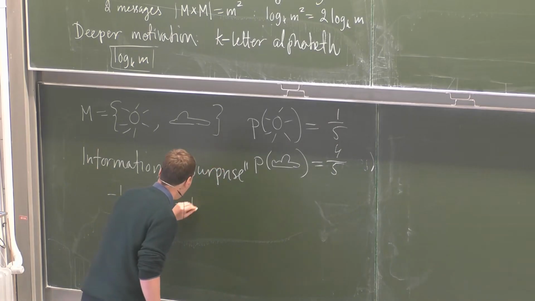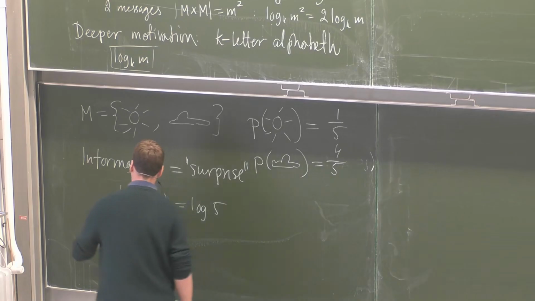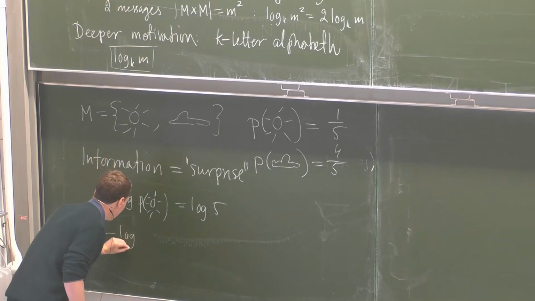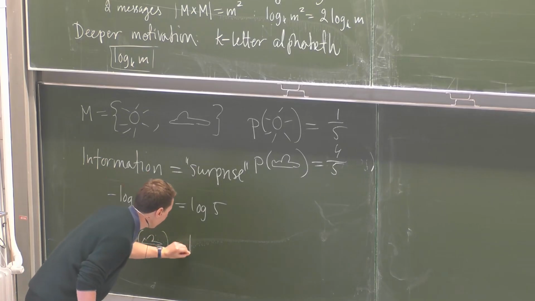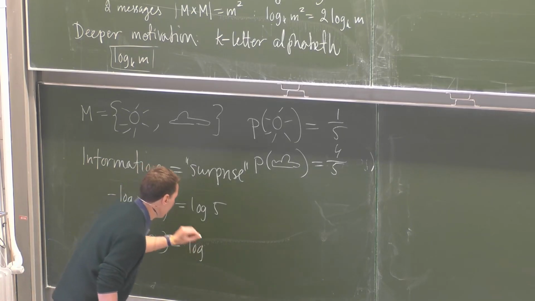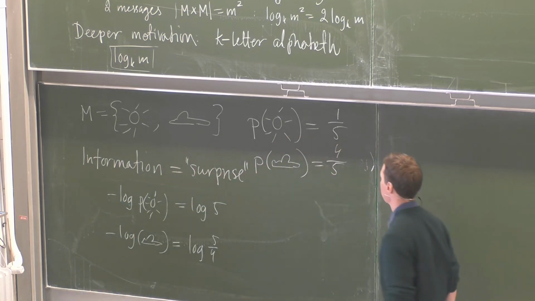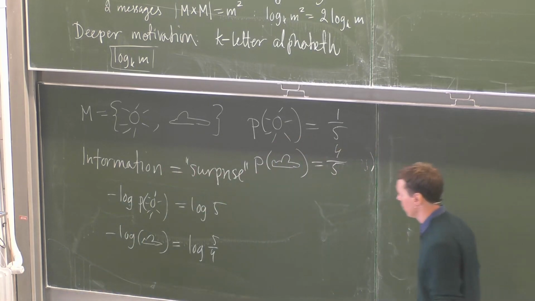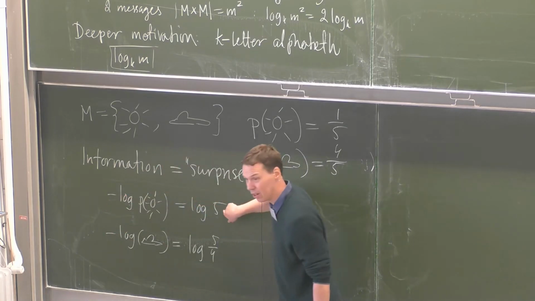Which would be log 5 then. Whereas the information associated with cloudy would be log 5/4. Hence the minus sign here, because we want this to be larger.